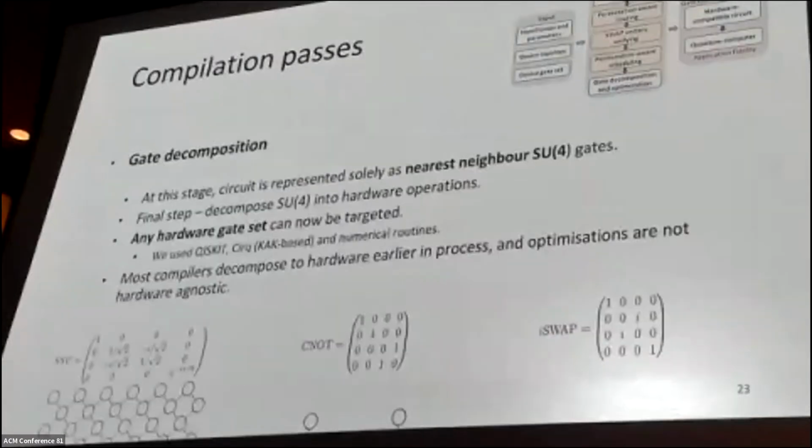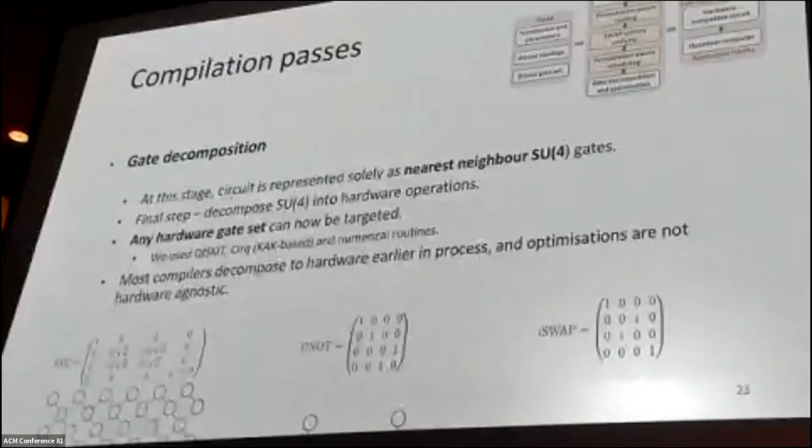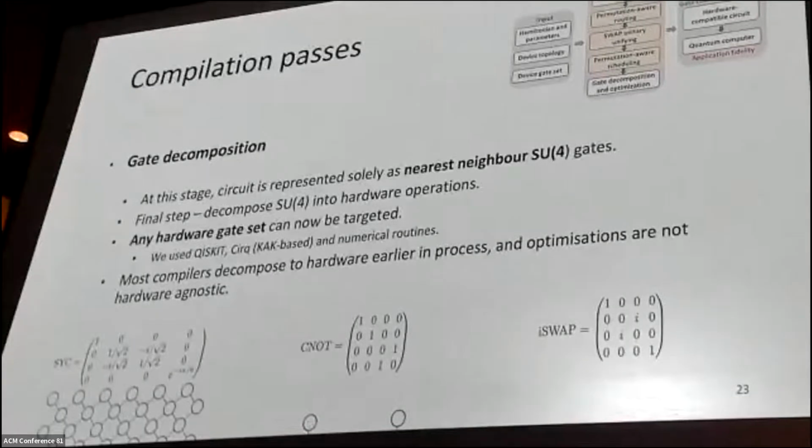I'll skip over the scheduling due to timing. So at the end, we perform our gate decomposition. We've gathered together all of these nearest neighbor 2-qubit gates, but at the moment they are not decomposed into the hardware gate set. But this is a further advantage of this Toucan approach, that only at this final stage do we apply the gate decomposition.